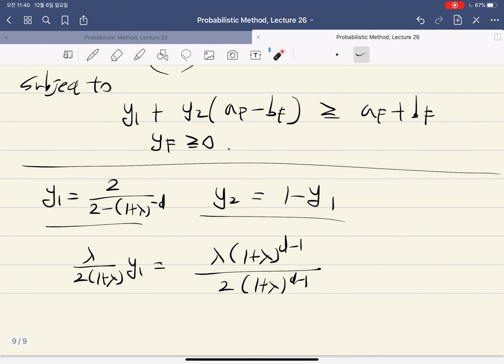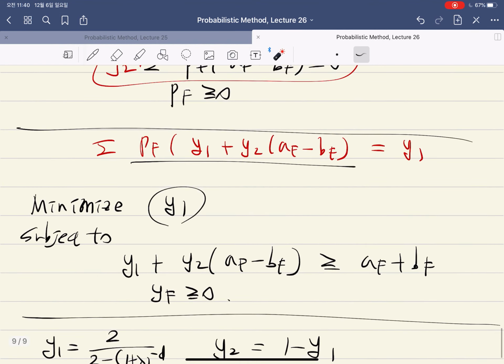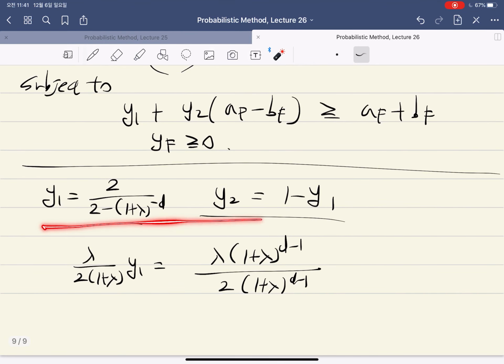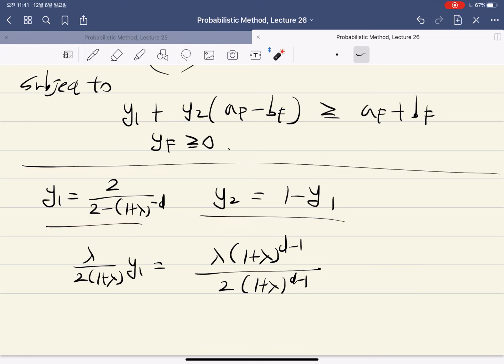So now we have the value, which gives the number that we want. So all we have to do is check whether it actually satisfies all these conditions, whether this is feasible. That's the only thing that we need to check.